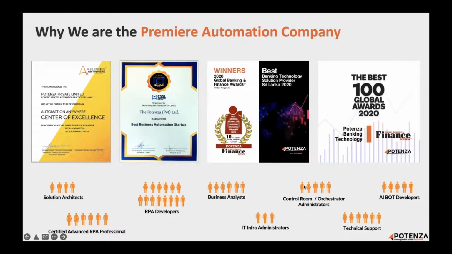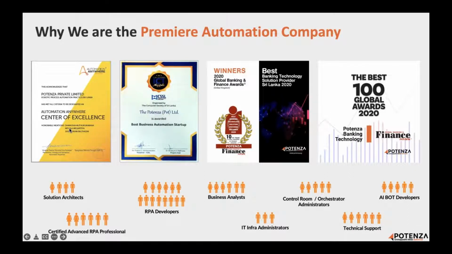If you look at some of the awards that we've won together, the team at Potenza is also a center of excellence for Automation Anywhere. This is an annual certification.